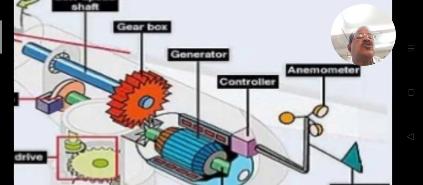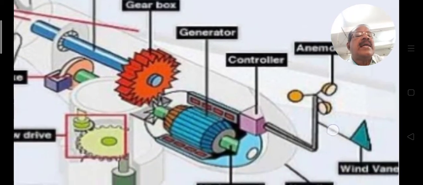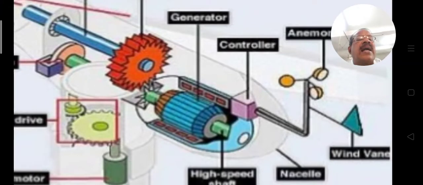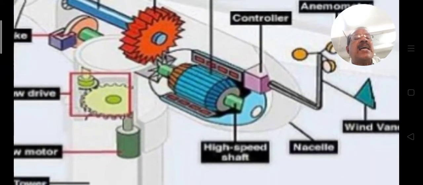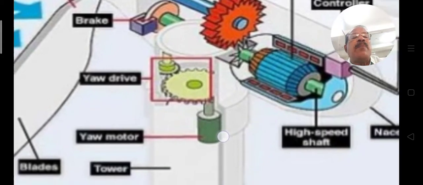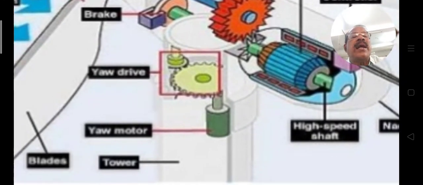The anemometer is used to measure the wind speed. The high speed shaft is connected to this generator, and this is connected to a yaw drive, and this yaw drive is moved using a yaw motor.